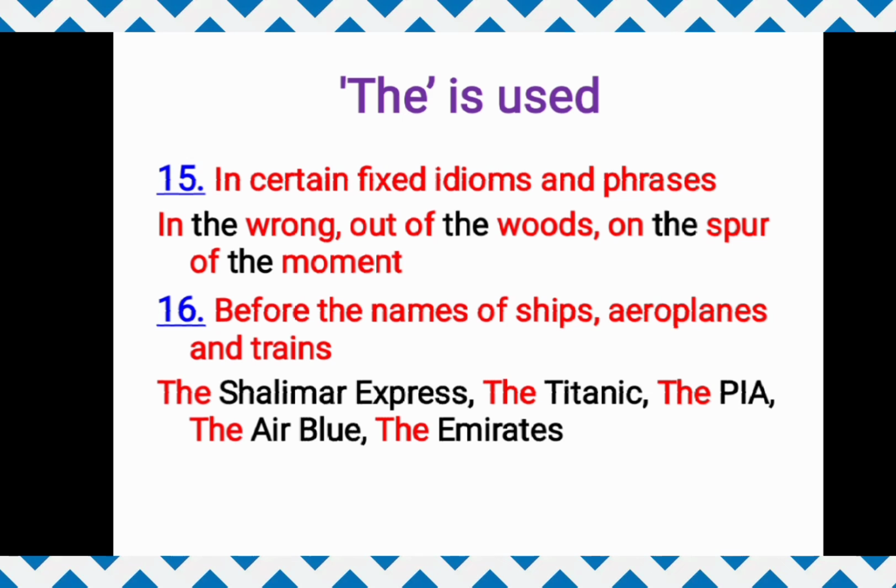These are the names of ships, aeroplanes, and trains, and the is used before them. That is rule and use 16 of the definite article the.